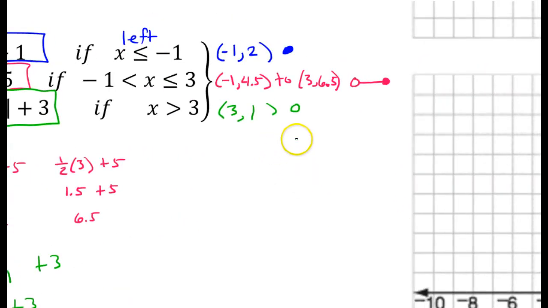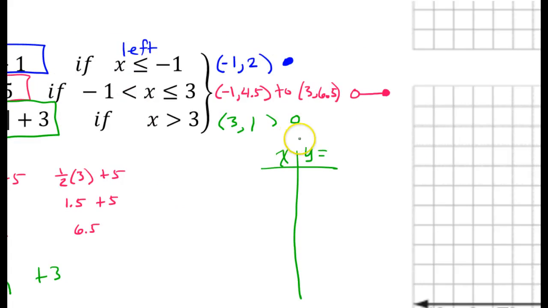Okay, so here comes my table of values. x, and then y equals, what was it again? Negative absolute value of x minus 5, plus 3. Remember, I need x values that are greater than 3 at this point. So I'm going to do, for example, 4 and 5 and 6.